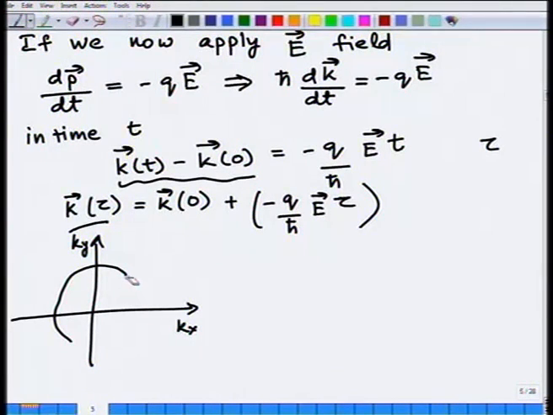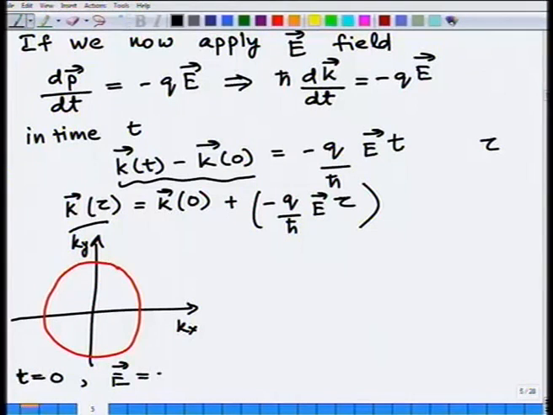So, here is a circle at t equal to 0, and we apply an electric field E in the x direction.